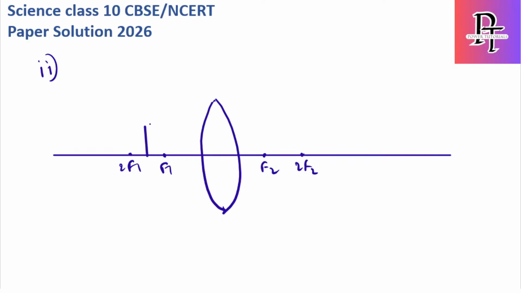The first ray, if it is parallel to the principal axis, what will happen? It will refract through the focus, which is F2 here.